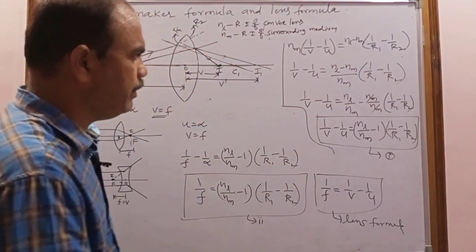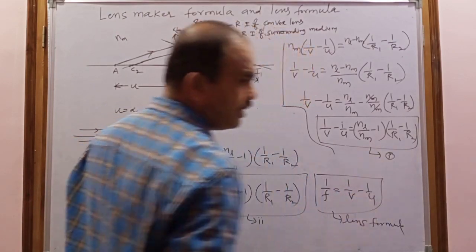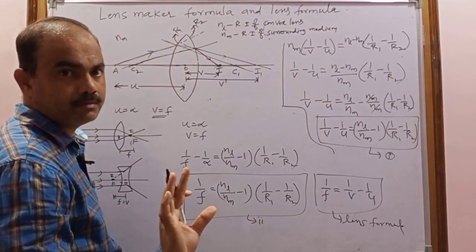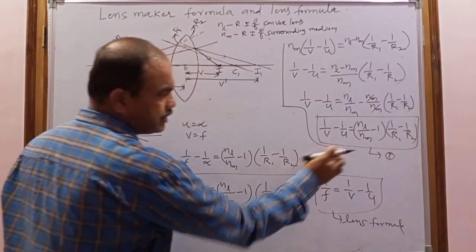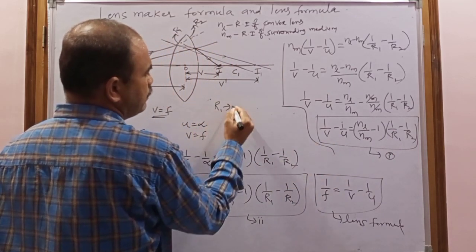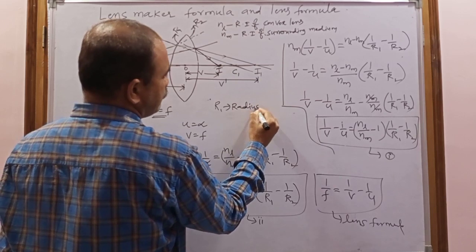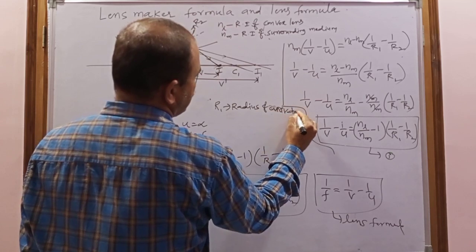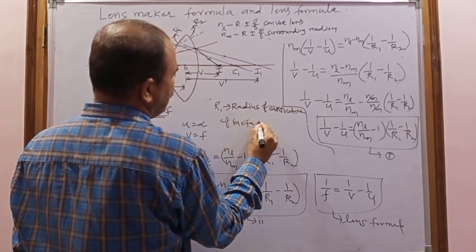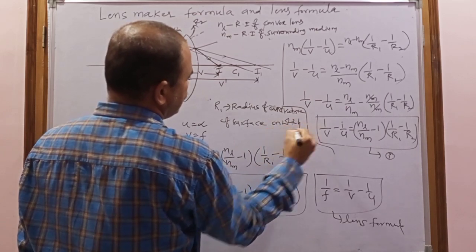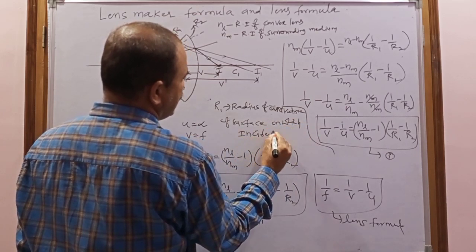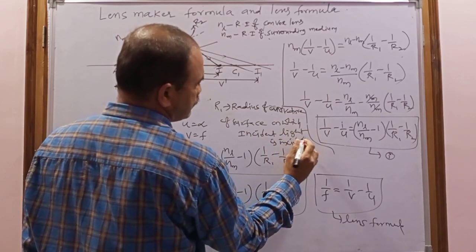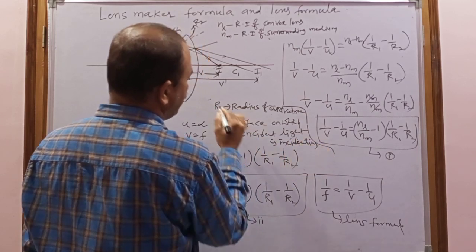Remember, here R1 in this lens maker formula is the radius of curvature of the surface on which the incident light is incident. So this you have to remember.